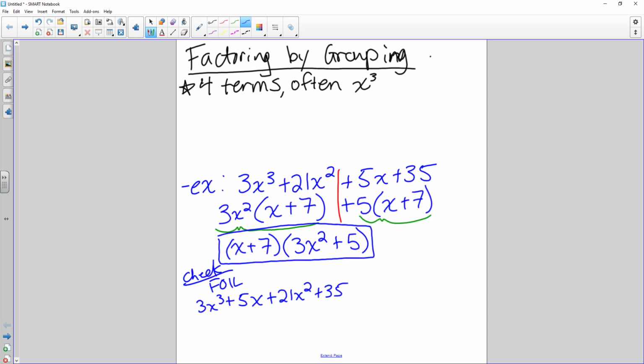Okay, so let's go back to that space we left and write out some steps of how we factor with these ones. So step 1 was to factor the first 2 terms and second 2 terms.